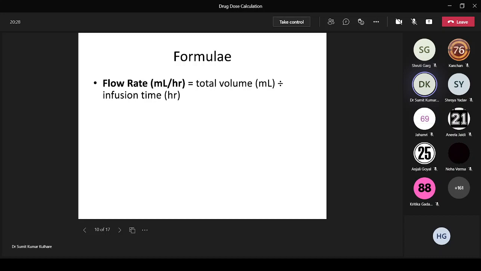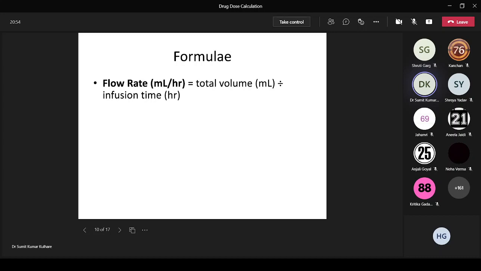You may be good in diagnosis, you might know the best treatment available to the patient, and you also know how to put the cannula, but if you don't know how to calculate the flow rate, or at what rate the drug should be administered, then all your knowledge will be futile, because administering the drug at a proper rate is the most essential step.